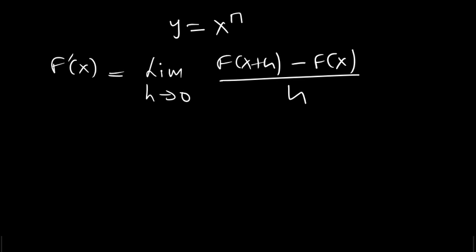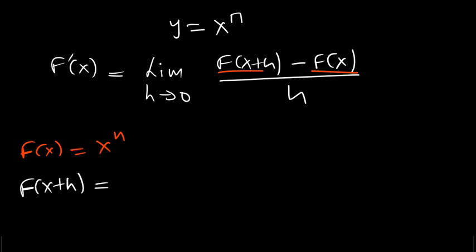Okay, so very simple. We understand what functions are before we do calculus, right? So when I say f of x is equal to x to the power n, if I'm asked to determine f of x plus h, what that implies is where there's x, we put x plus h as well, and then it will still be raised to the power n.